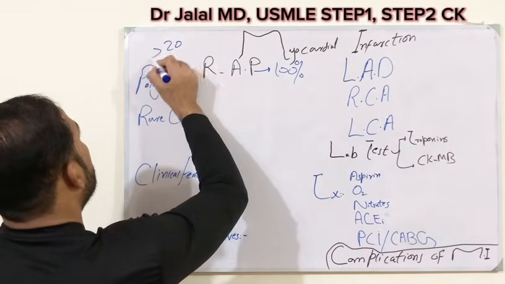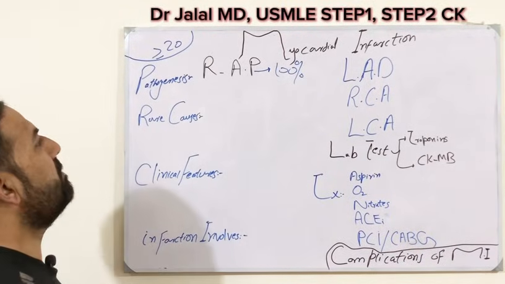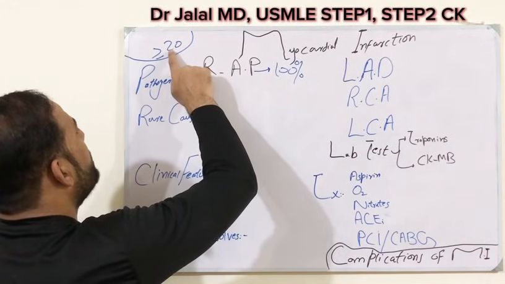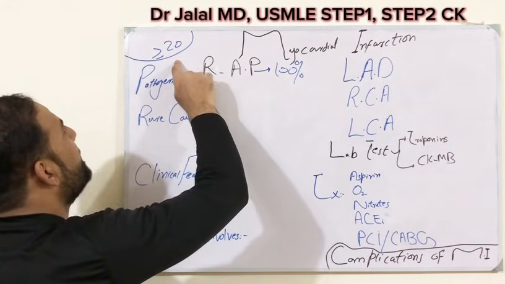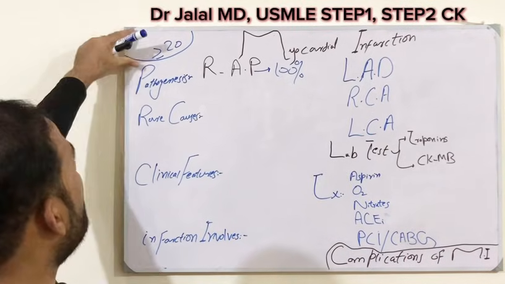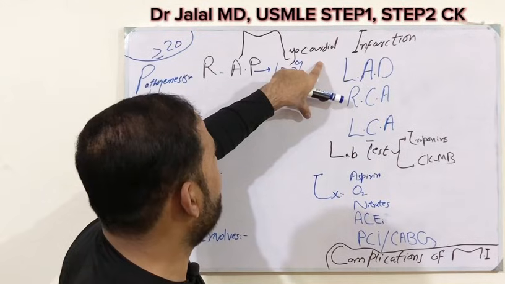This duration will tell you. In myocardial infarction, the typical symptoms will last more than 20 minutes, but in unstable angina, symptoms will not last 20 minutes. This is one way to differentiate unstable angina from myocardial infarction.